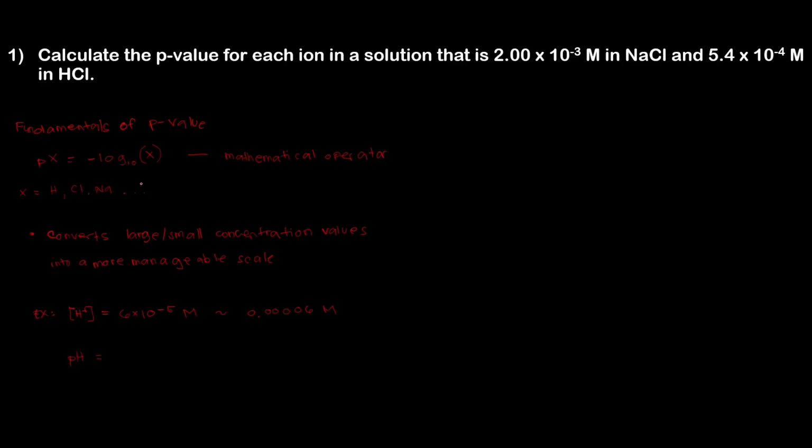To obtain that value, let's simply take the negative log base 10, so x here would be 6 times 10 to the negative 5. You can calculate this using your calculator. Just input negative log 6 times 10 to the negative 5, and that is simply 4.22.